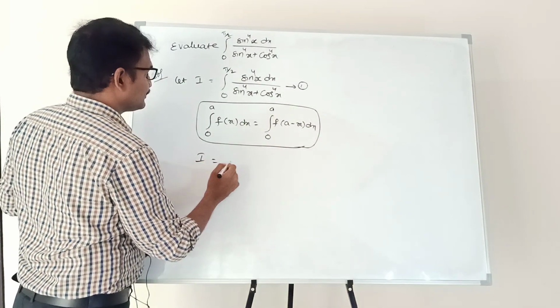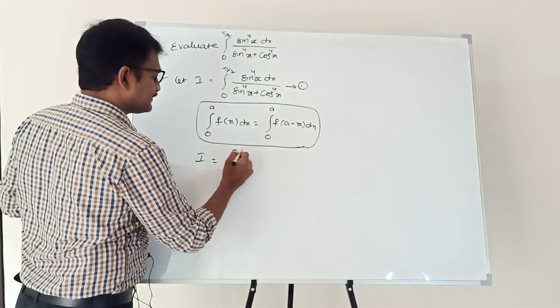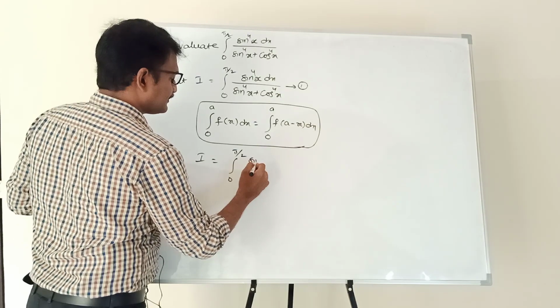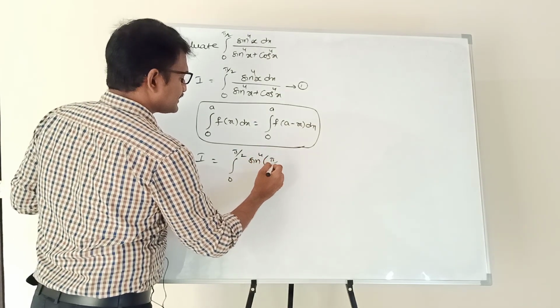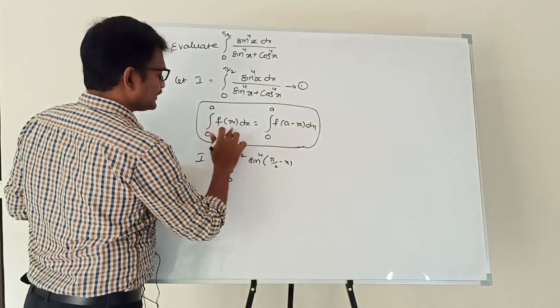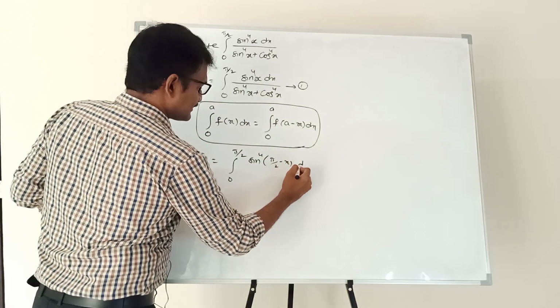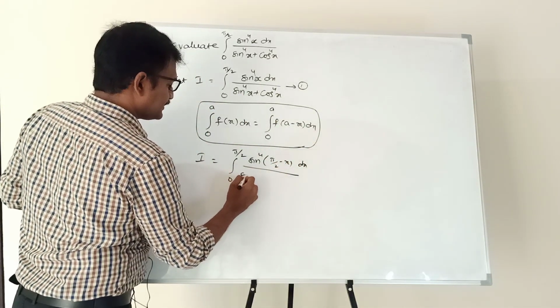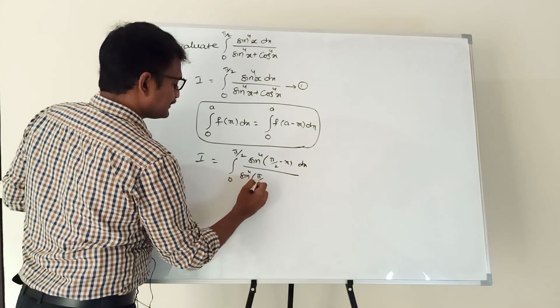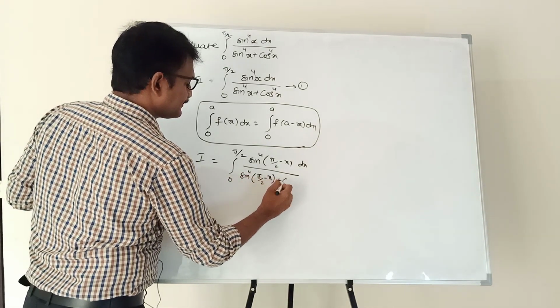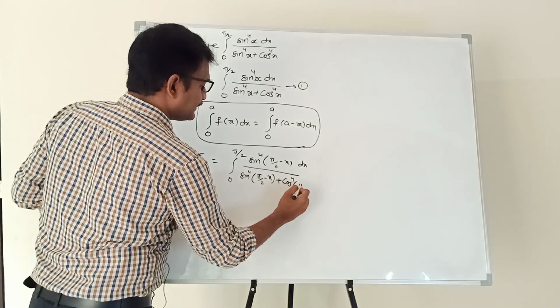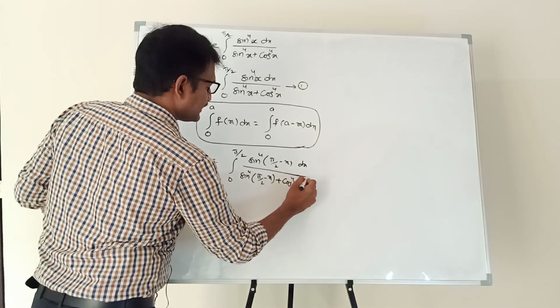So I is equal to the integral from 0 to pi by 2 of sin^4 of pi by 2 minus x dx by sin^4 of pi by 2 minus x plus cos^4 of pi by 2 minus x.